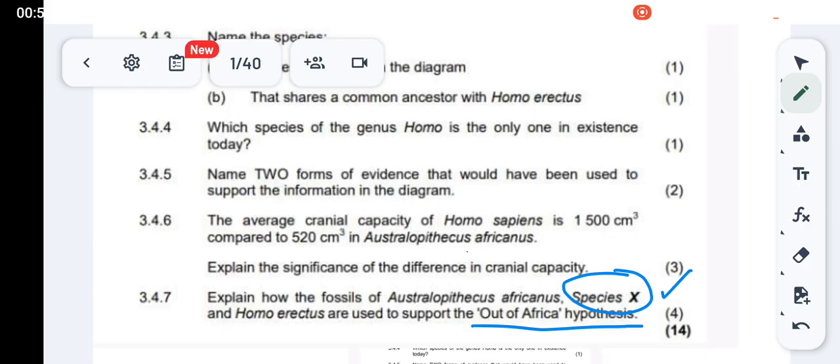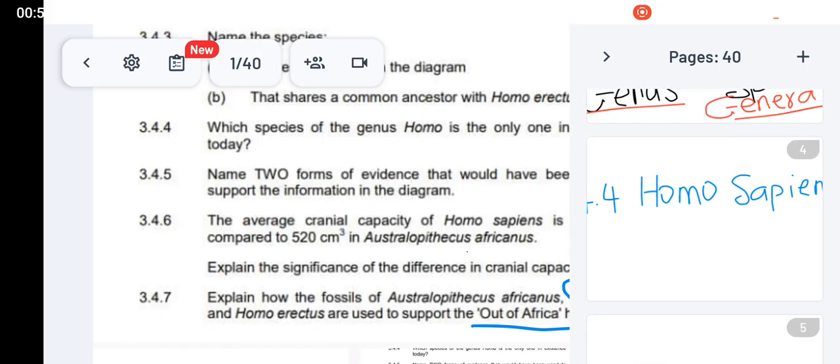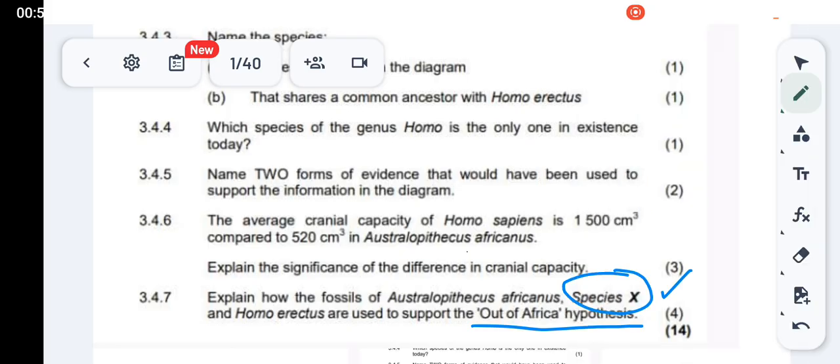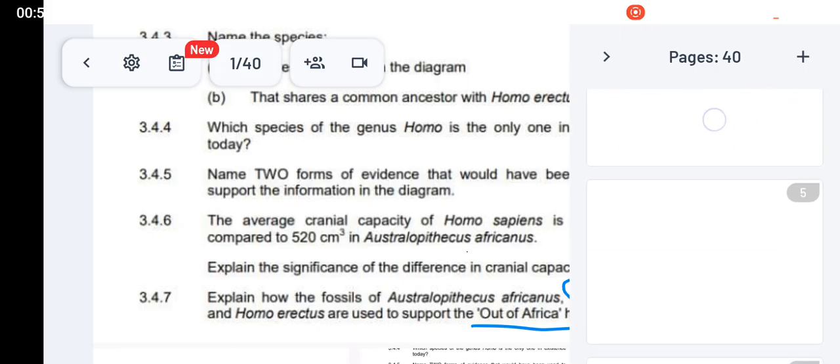So it's very important again to read the full question so that you understand what is required from you. Because they are being specific, our focus is on the fossils of Australopithecus africanus, the fossils of Homo habilis, which is species X, and the fossils of Homo erectus. How are they used to support the out of Africa hypothesis?